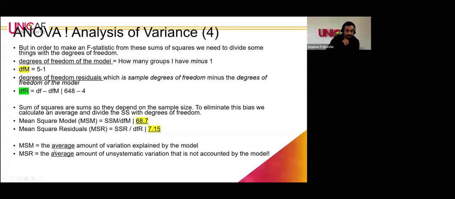I get basically the average amount of variation explained by the model, and the average amount of unsystematic variation that is not accounted for by it. So this is the between group variance and the within group variance.